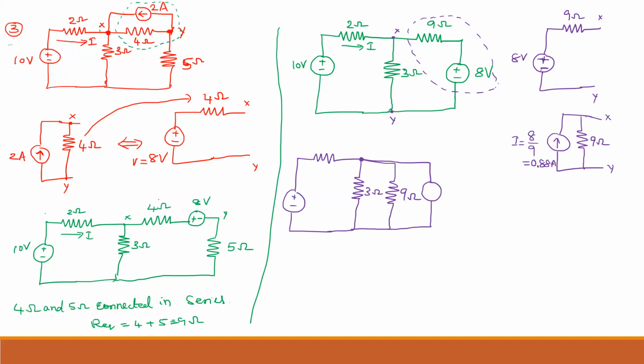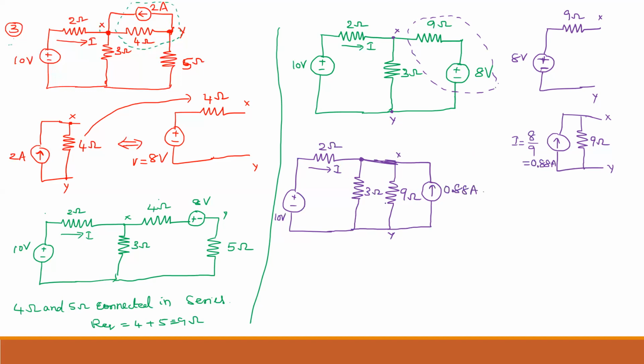This is your X point, this is your Y point. Don't change that. Here anyway is the 2 ohm resistor, whose current direction I have to find, and this is 10 volt. Now the current direction is towards X, that means here also upward direction. What is the current? 0.88 amperes.